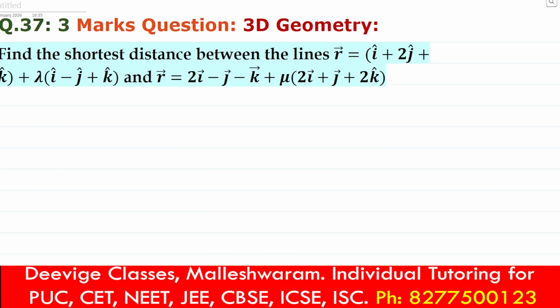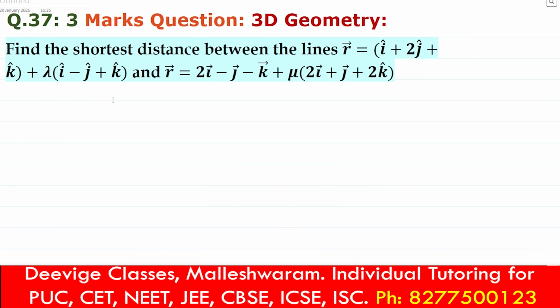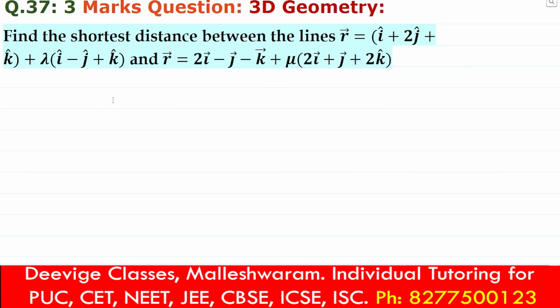Next one, find the shortest distance between the lines: vector r is equal to i cap plus 2j cap plus k cap plus lambda into (i cap minus j cap plus k cap), and vector r is equal to 2i cap minus j cap minus k cap plus mu into (2i cap plus j cap plus 2k cap).